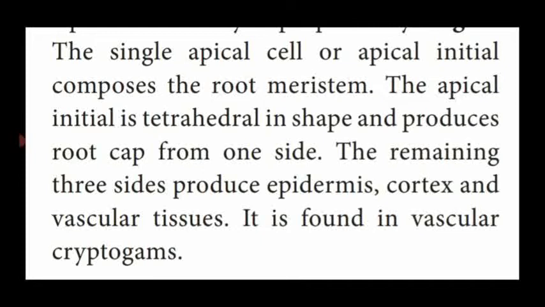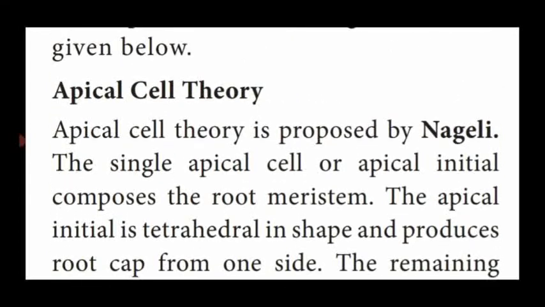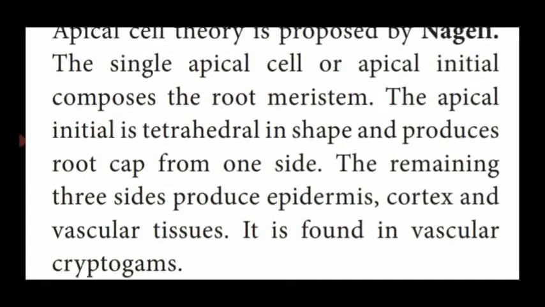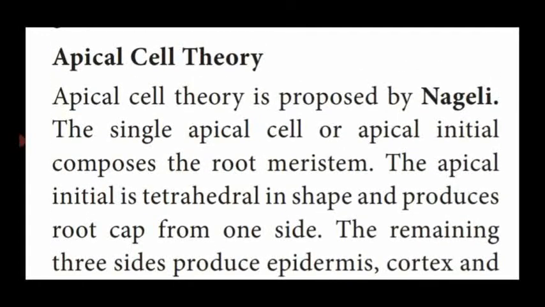This root apical meristem is found in vascular cryptogams. Vascular cryptogams means pteridophytes and gymnosperms. So this is the apical cell theory proposed by Nageli.